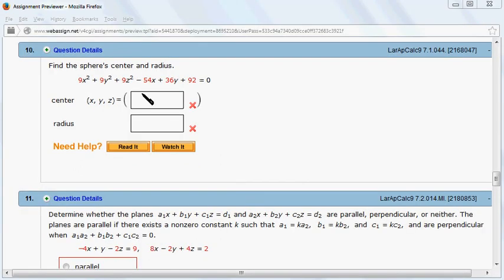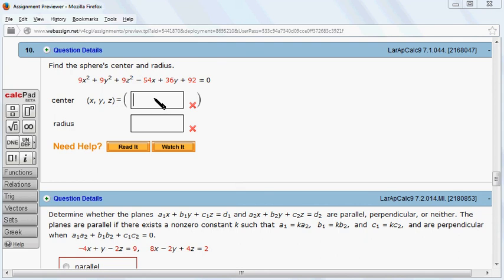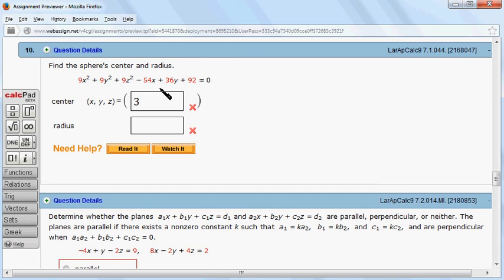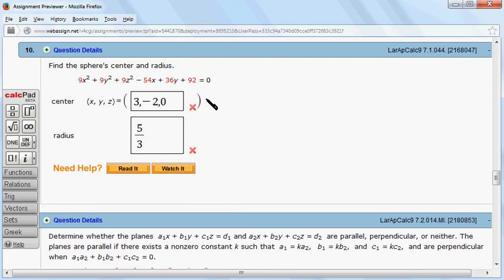The point was 3, comma, -2, comma, 0. And the radius came out to be 5/3. So let's check the answer.